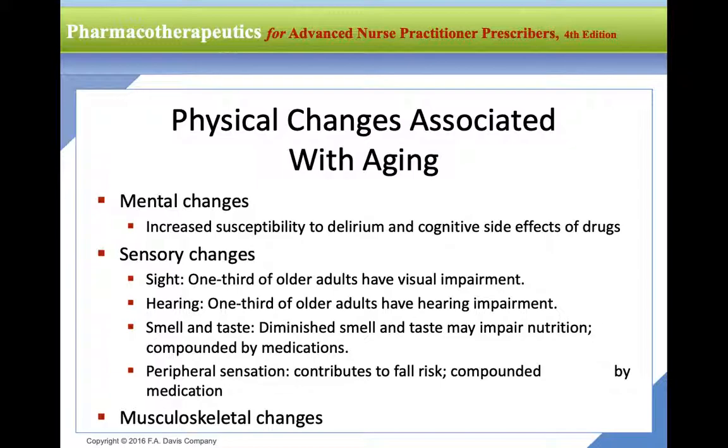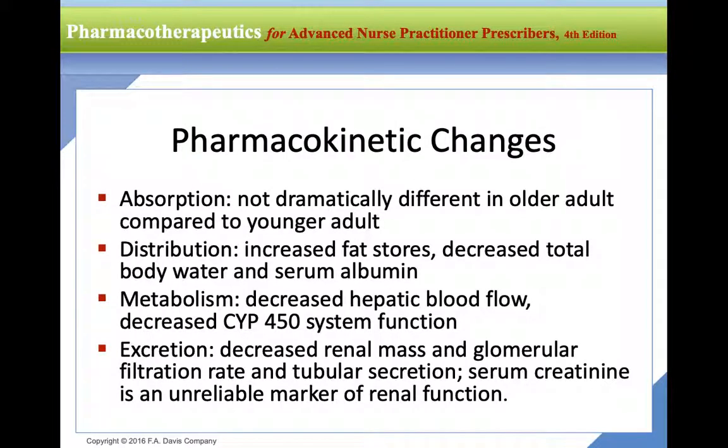They have musculoskeletal changes where they have a decrease in muscle mass. They also have a decrease in kidney function. Regardless of what their serum creatinine says, elderly patients have less renal function than a 30 or 40-year-old individual. So you have to watch out for medications that are renally cleared.